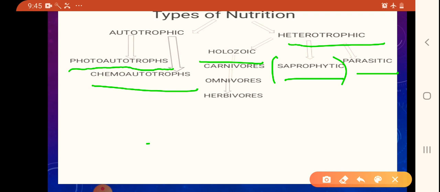In this holozoic mode of nutrition, the first are carnivores. What are carnivores? We all know from childhood, carnivores are those which eat other animals for their food, which depend on flesh and meat for their nutrition. Then omnivores depend both on plants and animals for their food. They can eat plants also, they can eat animals also.